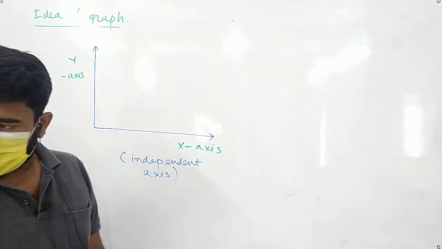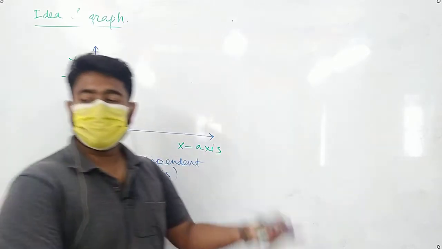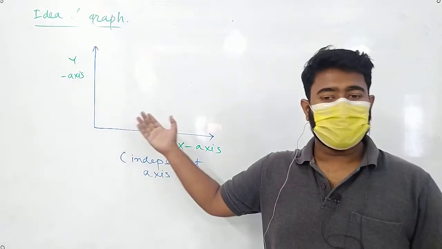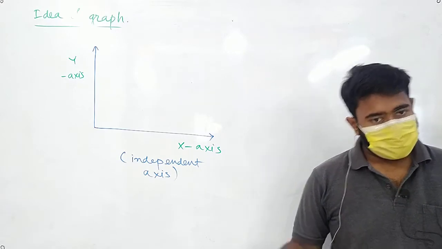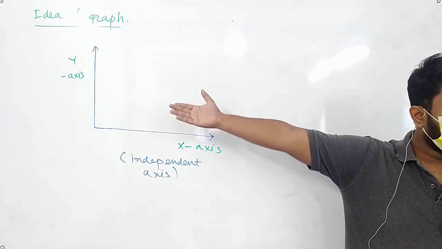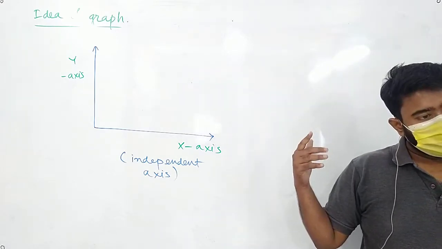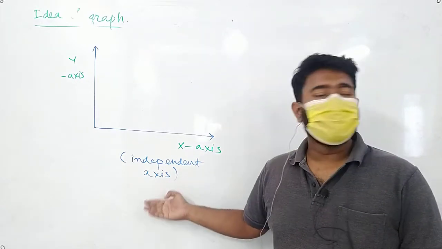Time will always change. How I am changing with time will give me the graph. So time is always in the independent axis.